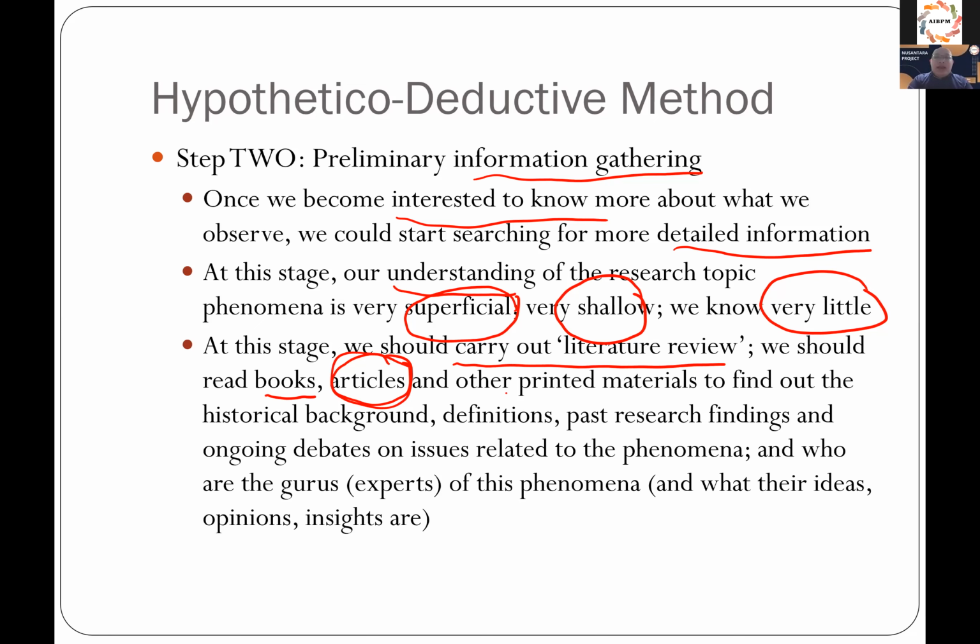All right, and other printed materials such as newspapers and online news can help you find out the historical background, the variables or certain terms, their definitions, and what has been found in the past, so that you can use it to support your argument.